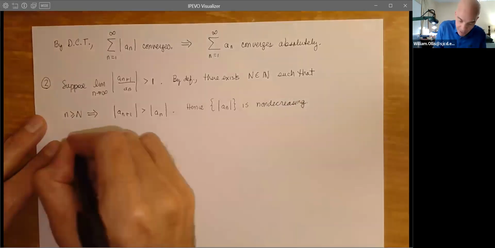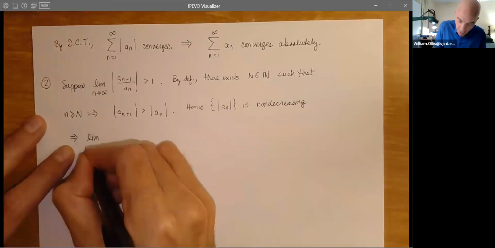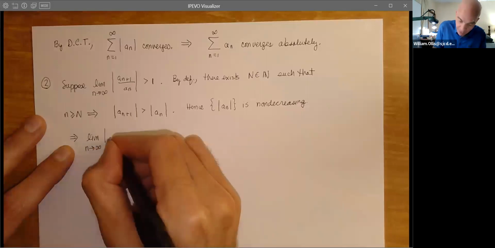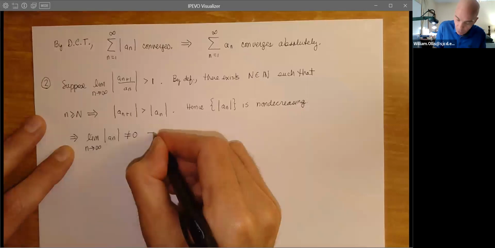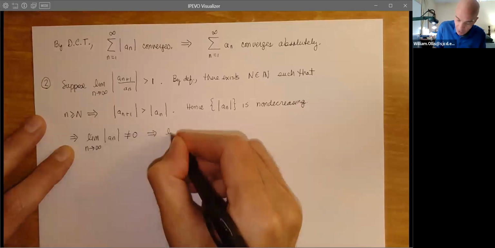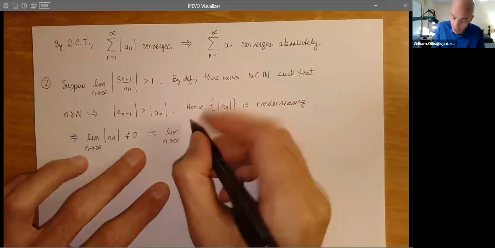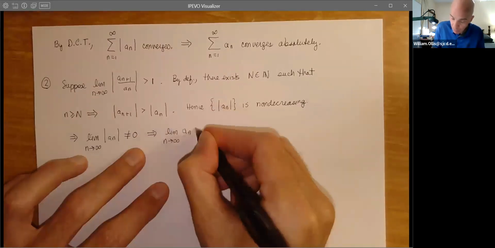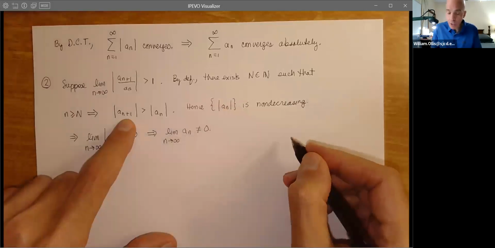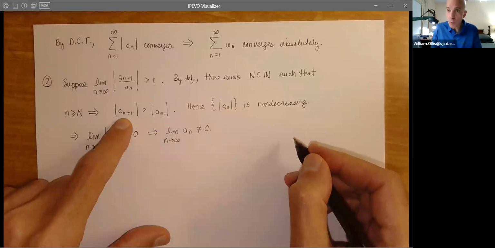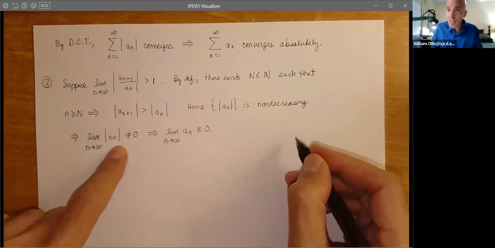So this implies that the limit as n approaches infinity of a sub n is not 0, which also implies that the limit, if we just took the absolute values away, maybe we get 2 divergent sequences, of a sub n is non-zero. So if in absolute value, these particular terms in here are getting bigger, then there's no hope for this to have limit 0.